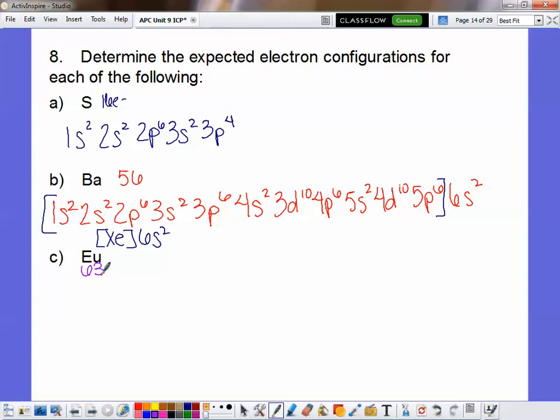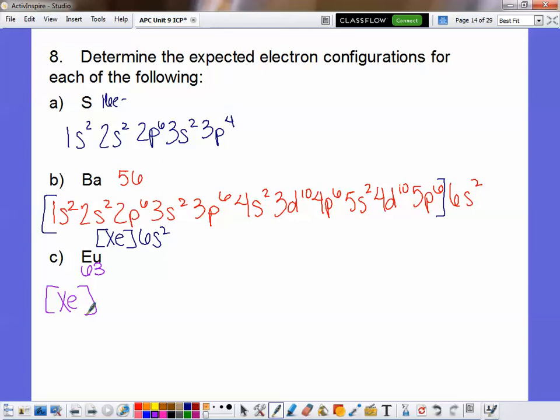What is the closest noble gas to 63 without being greater than it? Remember, the noble gases are group 18. There's one closer to 63. Xenon. Radon is over it, so you can't use it. So you have to use xenon.